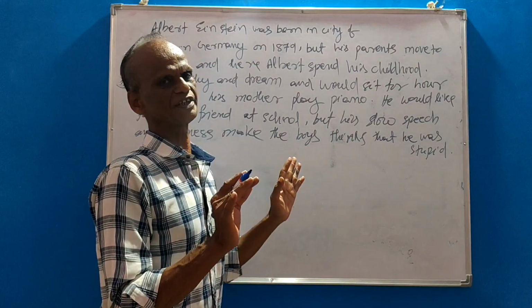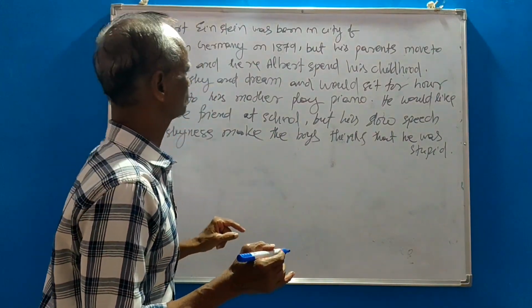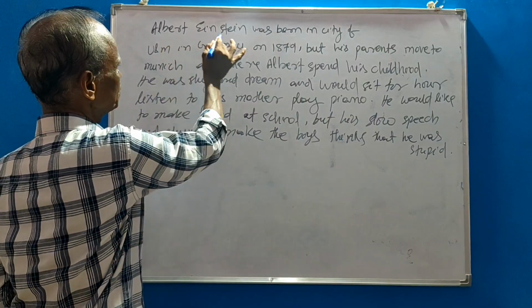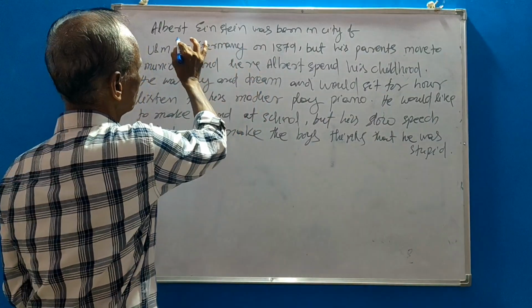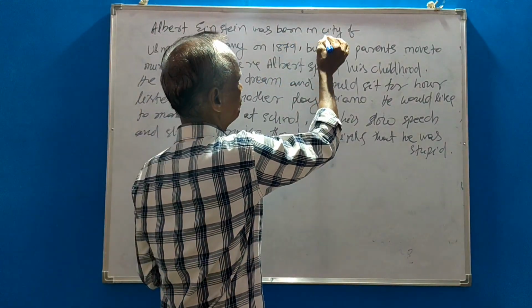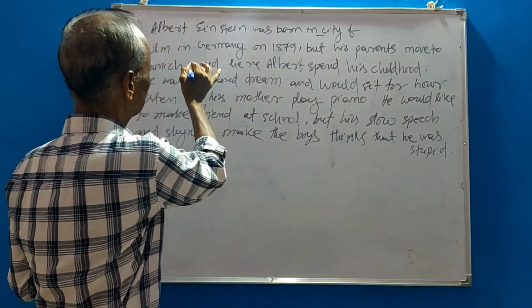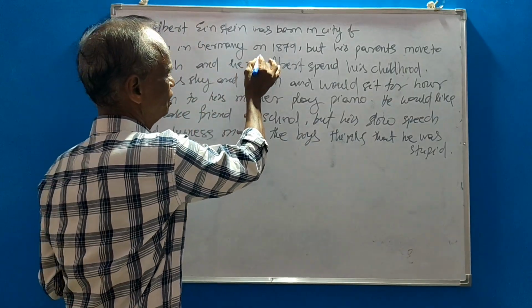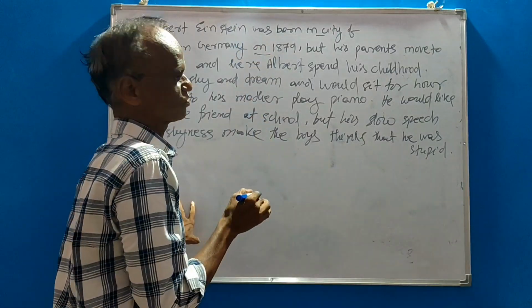Suppose a paragraph is given for correcting the errors. Albert Einstein was born in city of Ulm in Germany on 1879. Errors.